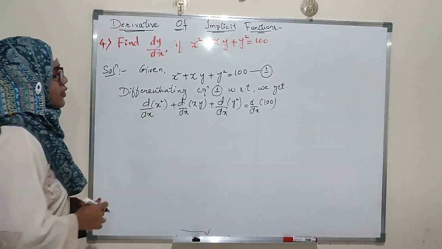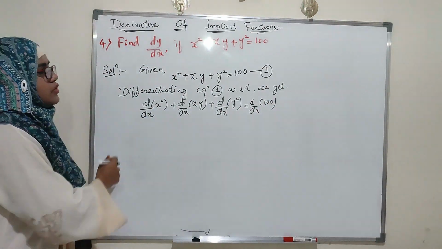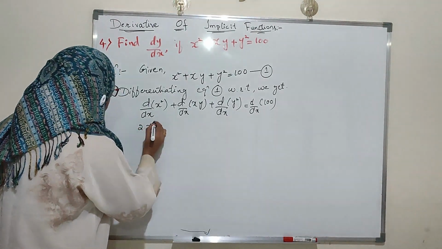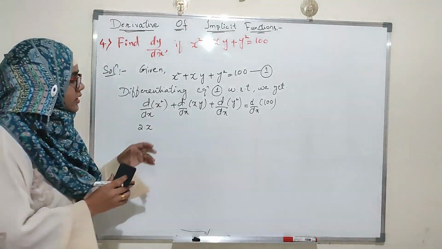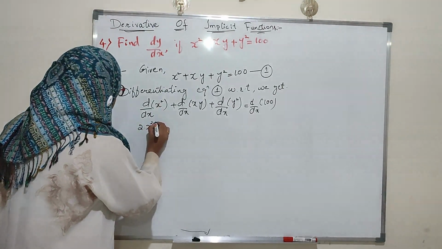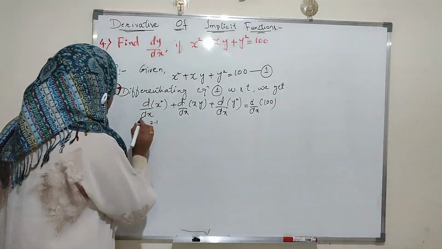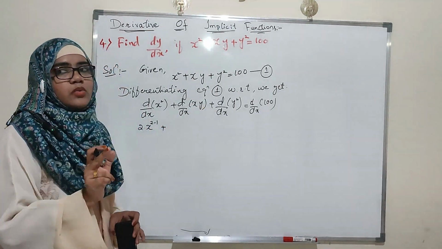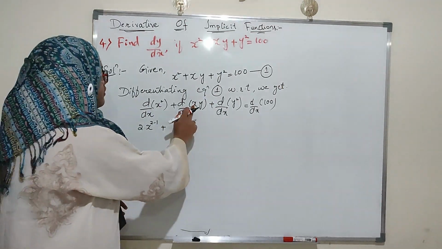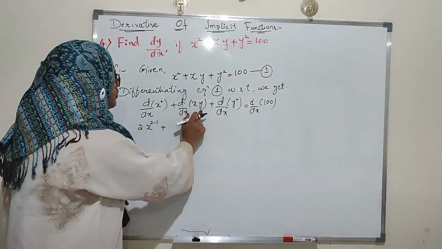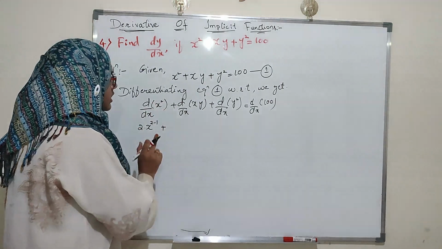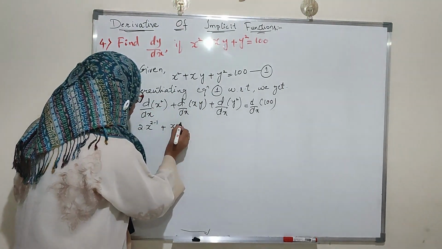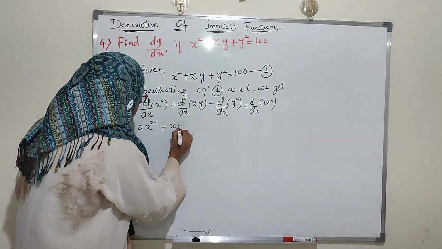Okay, now we know differentiation of x square is 2x because by using the x raised to n formula, 2 into x raised to 2 minus 1. Okay, here we are having the xy term. How to differentiate? We are having the multiplication of two terms x and y and we have to differentiate it by using product rule. What's product rule? Keep first term as it is, differentiation of second.